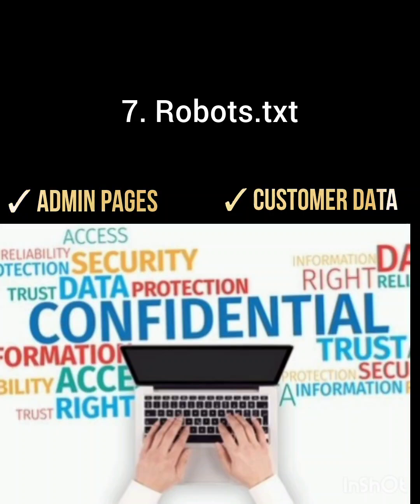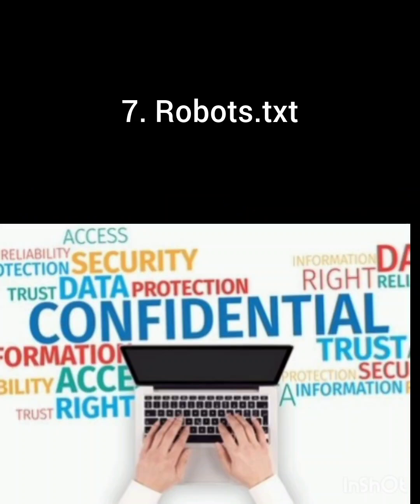So you wouldn't like any search engines to crawl those pages, so you can use the robots.txt file to restrict the search engines not to crawl or index those pages or content.